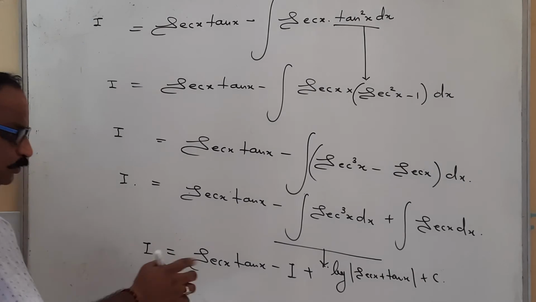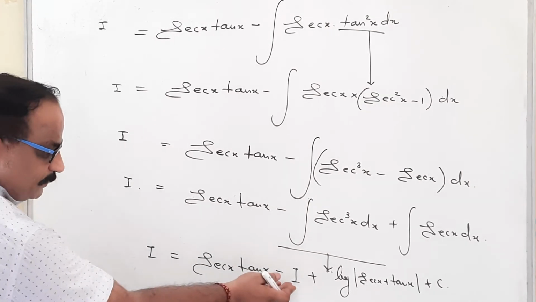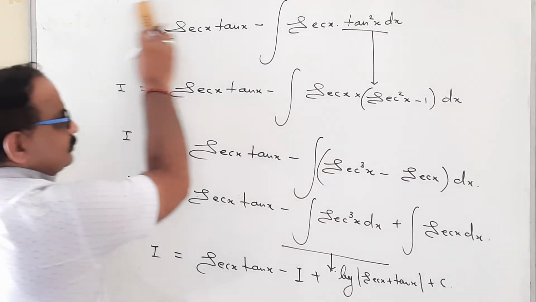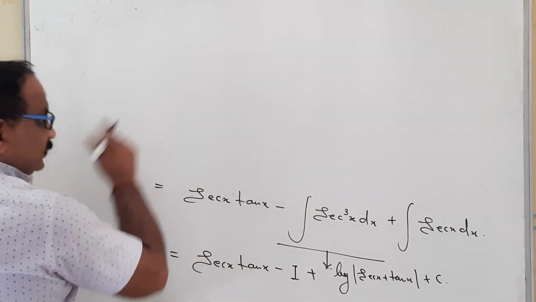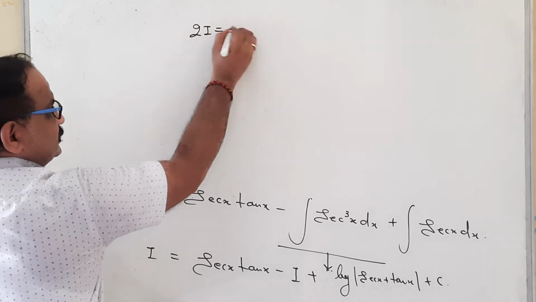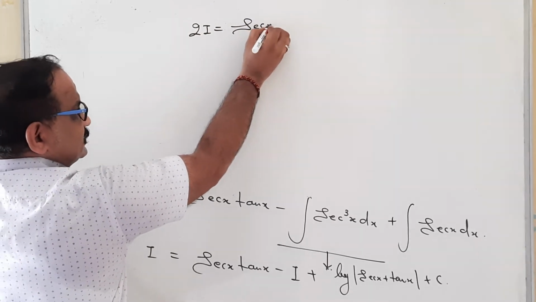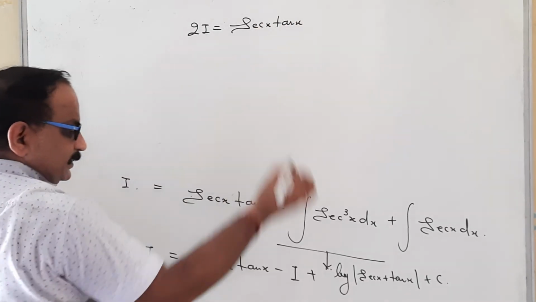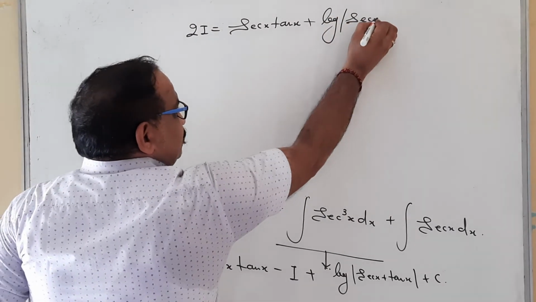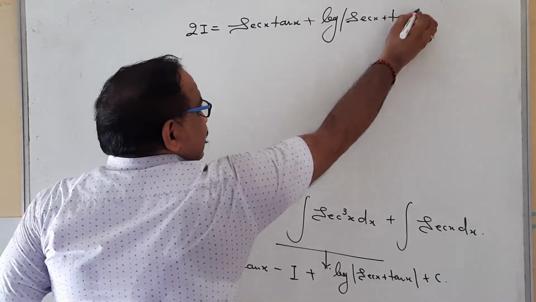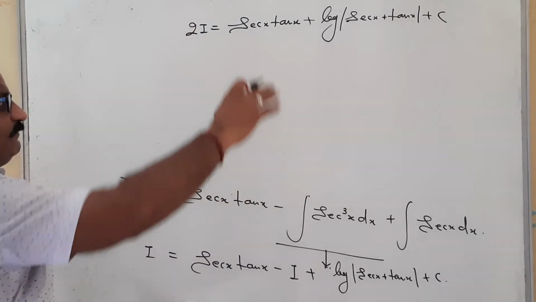And in the left hand side, don't forget it is I. Now this I should be transposed to the left hand side and becomes 2I. So we have 2I on the left hand side, and on the right hand side there is sec x tan x, plus log of sec x plus tan x, plus C. And just divide by 2.